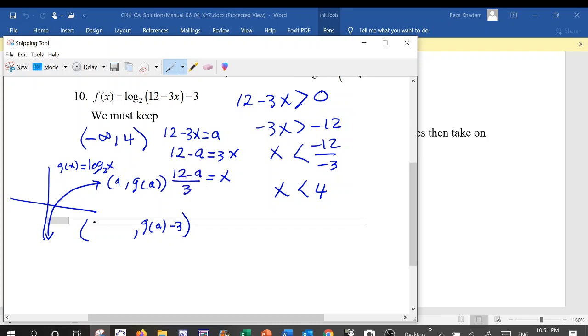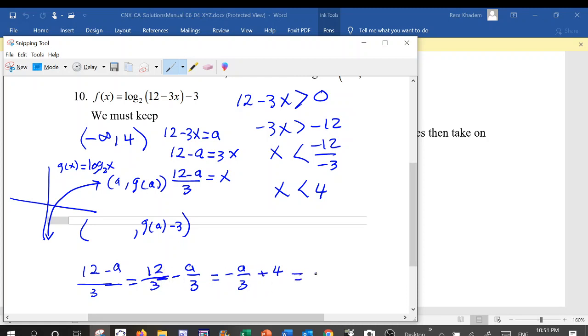So that's what happens to x. We get 12 minus a, and then divided by 3. Now, we don't want to write it like that. We want to exactly know what's going on. So what we have to do is think of 12 minus a over 3 as 12 over 3 minus a over 3, which is basically negative a over 3 plus 4, because 12 over 3 is 4.